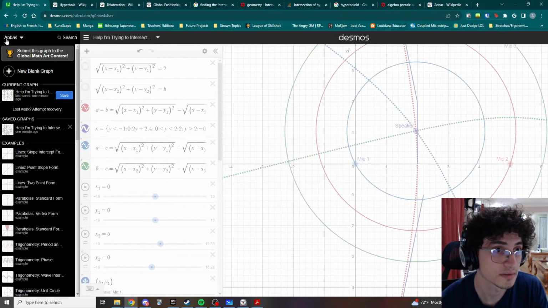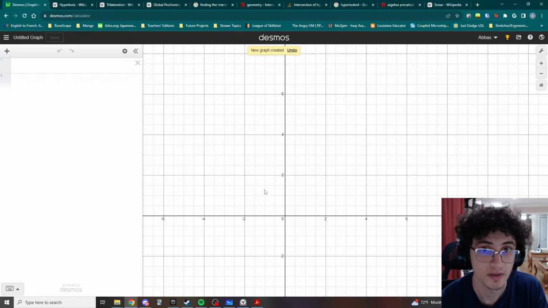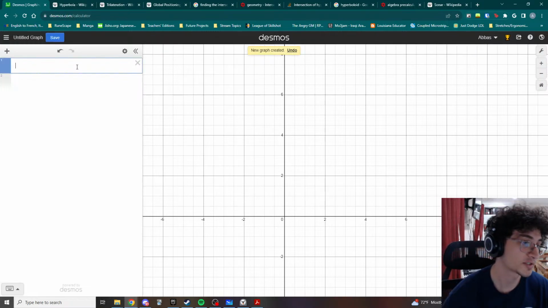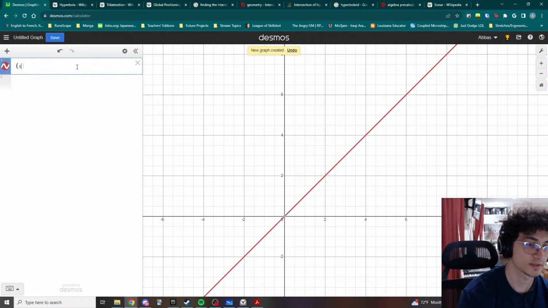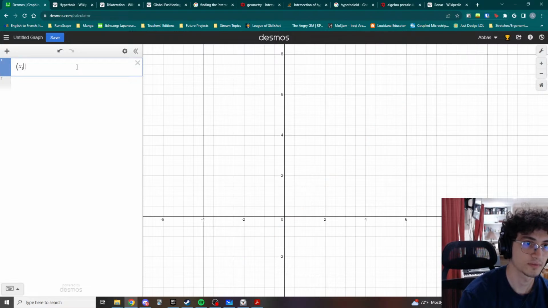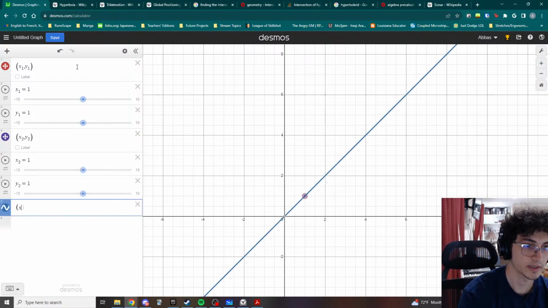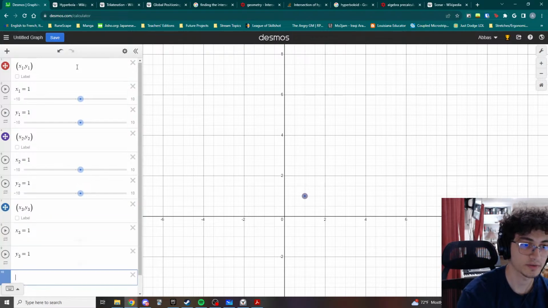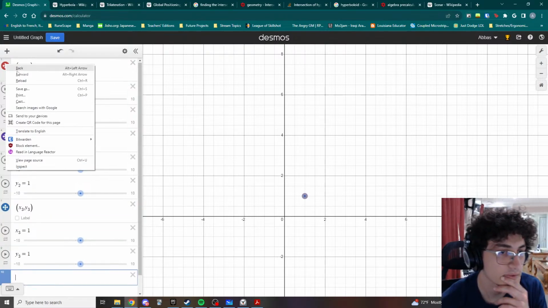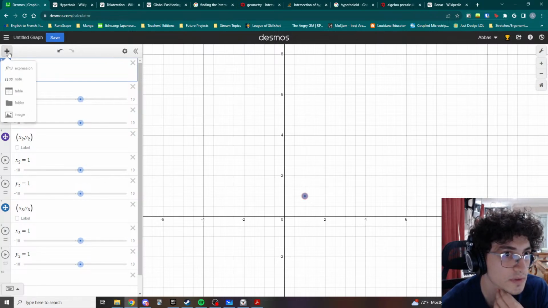So let's get a new blank graph. In that one, it's much simpler. I just go x1 comma y1 for my first microphone, x2 comma y2 for my second microphone, x3 comma y3 for my third microphone. Can I get a folder?